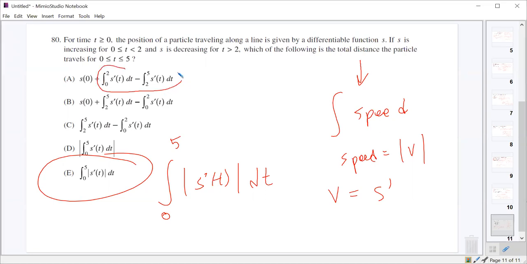This right there indicates the total distance that we traveled, because from 0 to 2 we know s prime is positive, and we know that from 2 to 5 it was negative, so the opposite of that would make this positive. So this is the distance traveled. But this is our initial position, which has nothing to do with how far we traveled. Does that make sense?